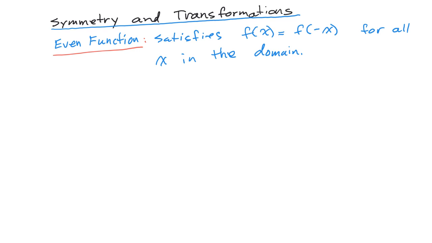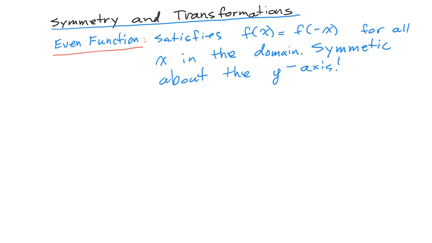In this case, this is referring to symmetry about the y-axis. So if you weren't able to get the symmetry concept in the first unit, we're going to make sure that we get it this time.